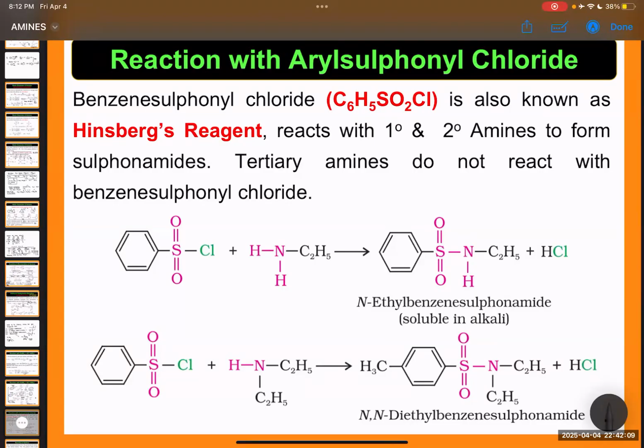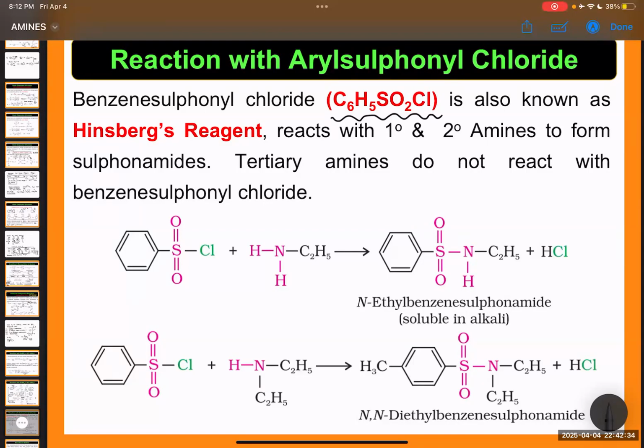Hinsberg test and Hinsberg reagents. First of all, what is Hinsberg reagent? That you should know. That is very simple. Hinsberg reagent is benzene sulfonyl chloride.